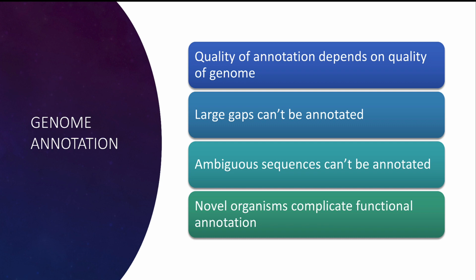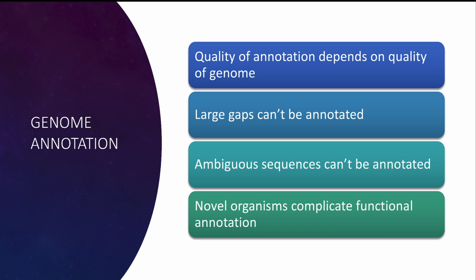A functional annotation, at least in genes that are highly conserved, is really easy. But if you find a new organism that potentially has new functions, it can be really challenging to annotate and describe the function of these unknown genes. And we also like to think about the idea that, well, since we've sequenced everything from E. coli to people, we know what a lot of these genes do.